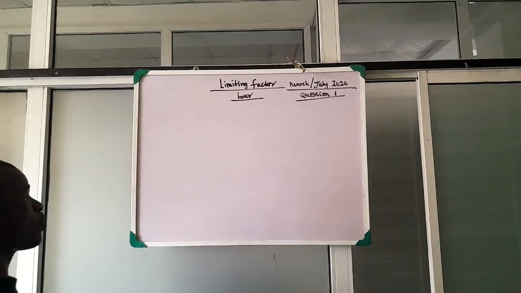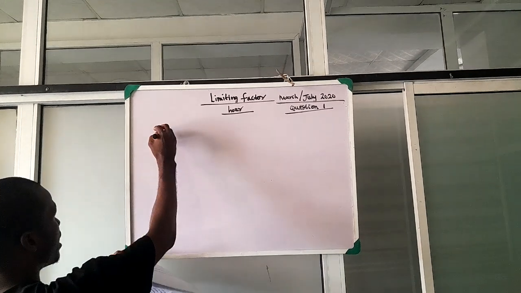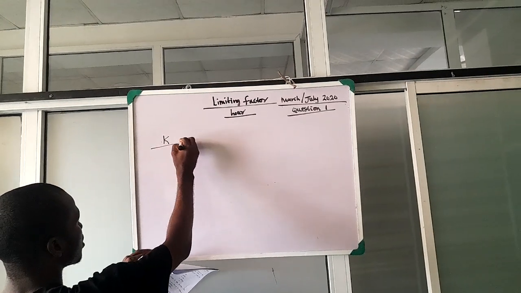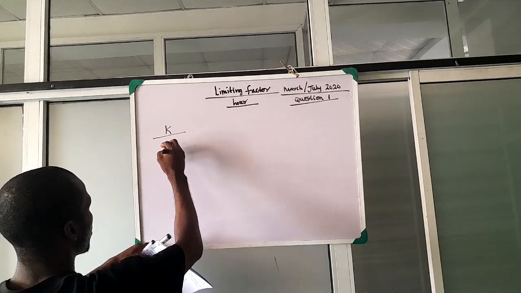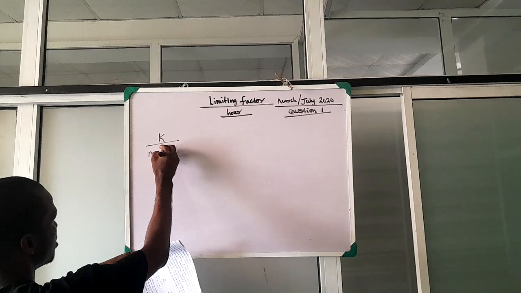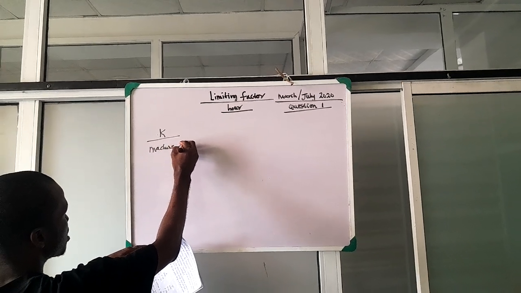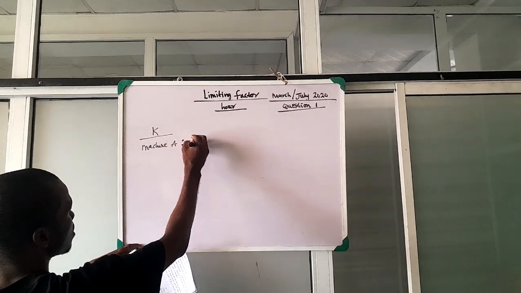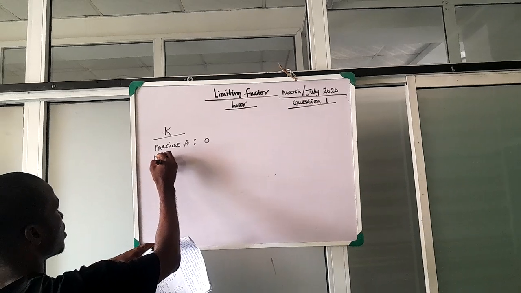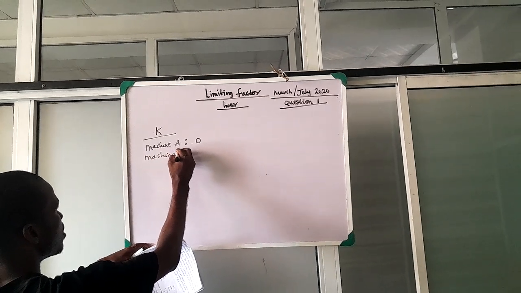If we are working with a surplus value for K under machine A, do you have any surplus? No, so 0. Machine B, do you have a surplus?